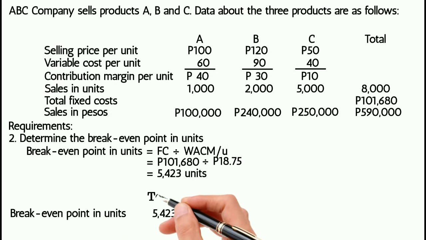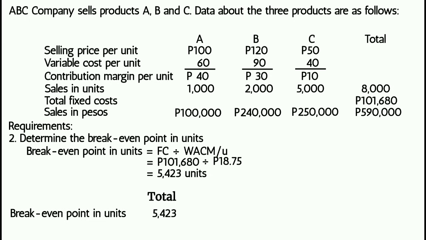Ang break-even point in units ay 5,423 units. Ang ibig sabihin nito, dapat makapagbenta si ABC Company ng 5,423 units to break even.